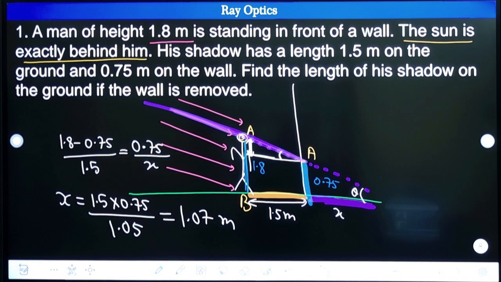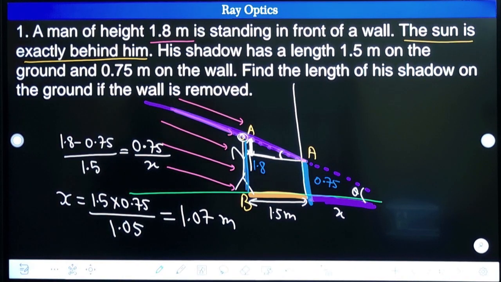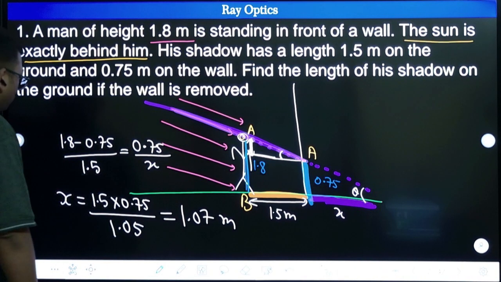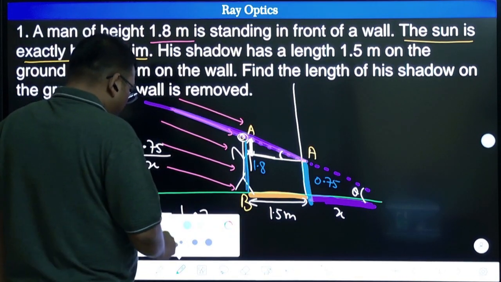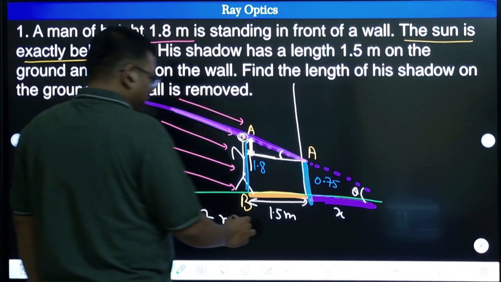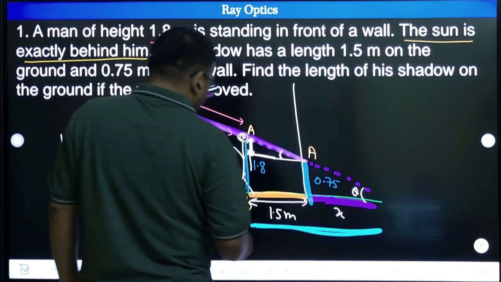Is the denominator 1.05 or 0.05? The final answer we have to calculate is this, because this is the length of the shadow if the wall is removed.